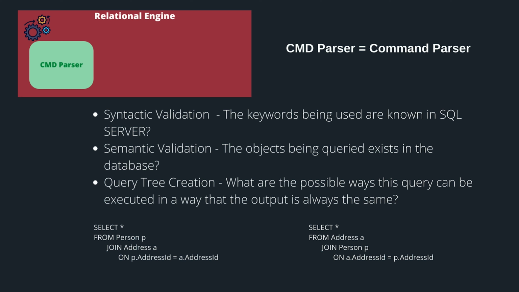The second one is semantic validation, which is based on the objects inside of the database. So if I do, for example, in the example below, select star from person, and person is not a table recognized in the database, the parser will say, okay, this object does not exist, and for that reason I cannot select, cannot do anything.